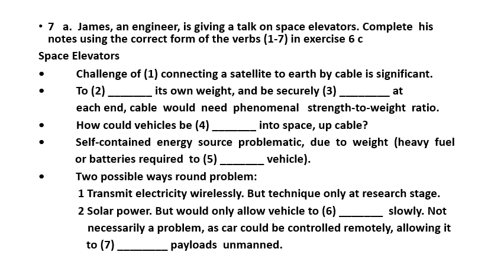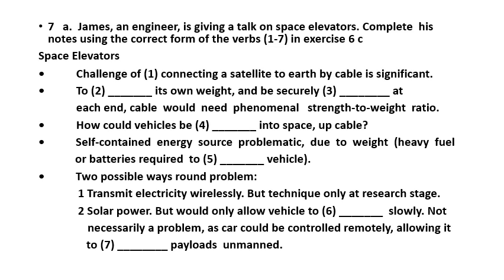So let's revise this once more in order to make sure that you get the correct words in their correct places. A challenge of connecting a satellite to Earth by cable is significant. This is answered for us. Number 2, to support its own weight and be securely attached at each end, cable would need phenomenal strength to weight ratio. How could vehicles be raised into space up cable?